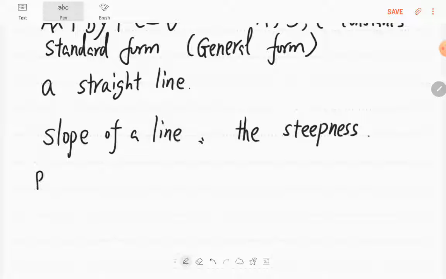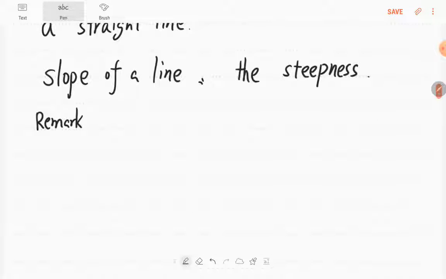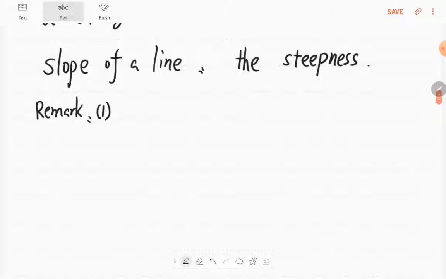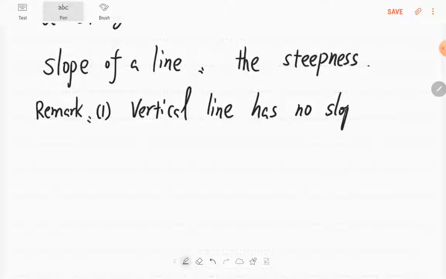Now let's look at some remarks. The first one: every vertical line has no slope. What's the meaning of a vertical line? A vertical line is this line. The vertical line has no slope.